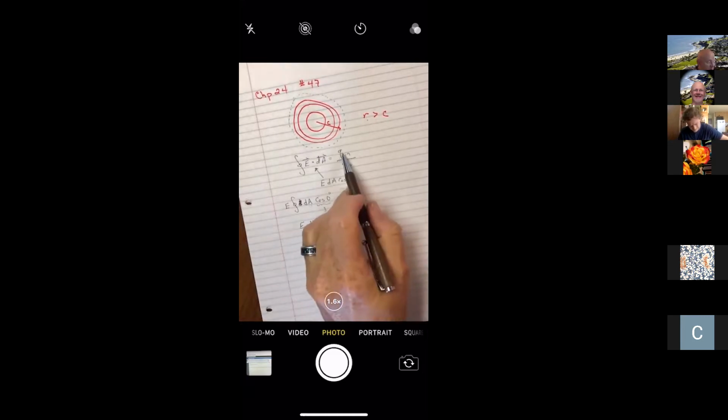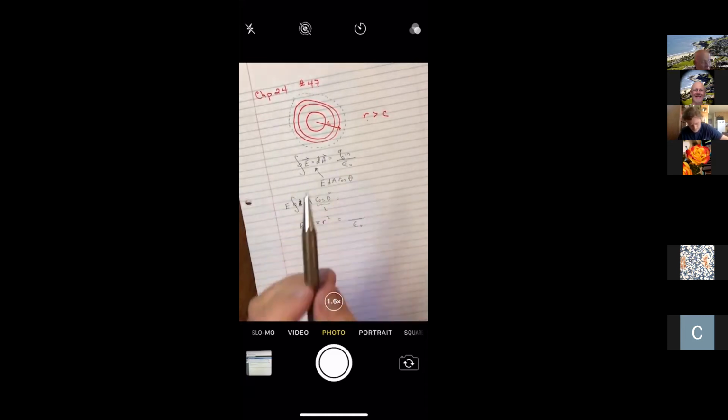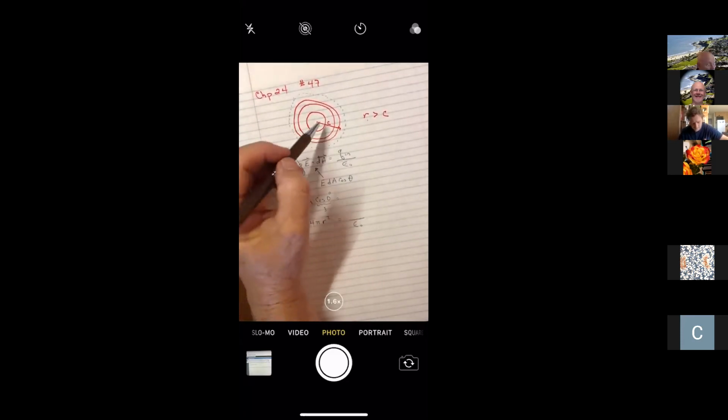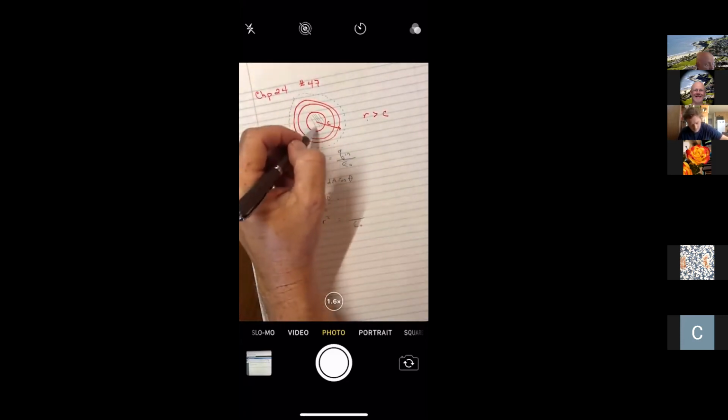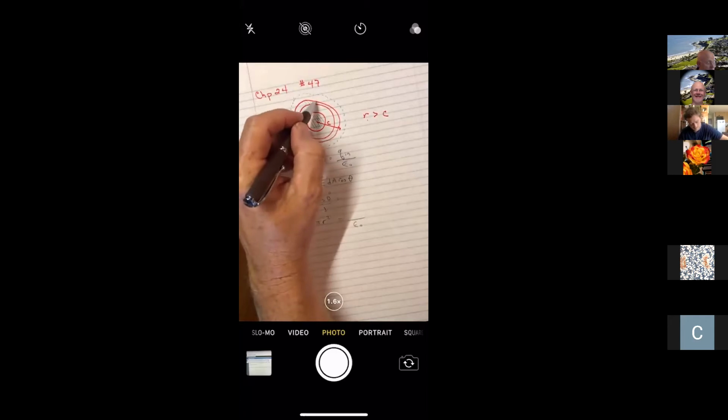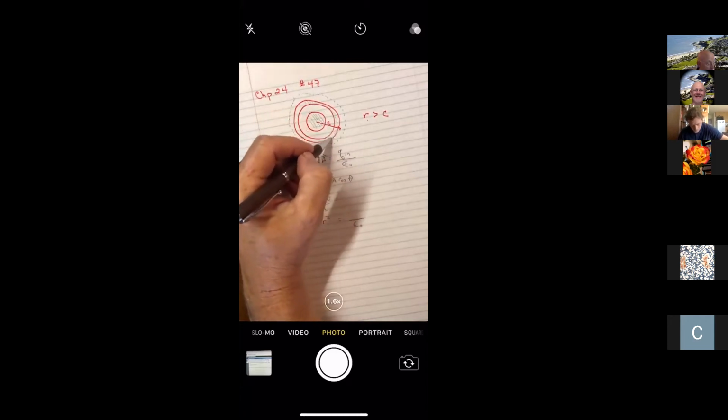This just says all the charges inside. Well, all the charges inside would be the charge on the insulator plus the charge on the conductor.